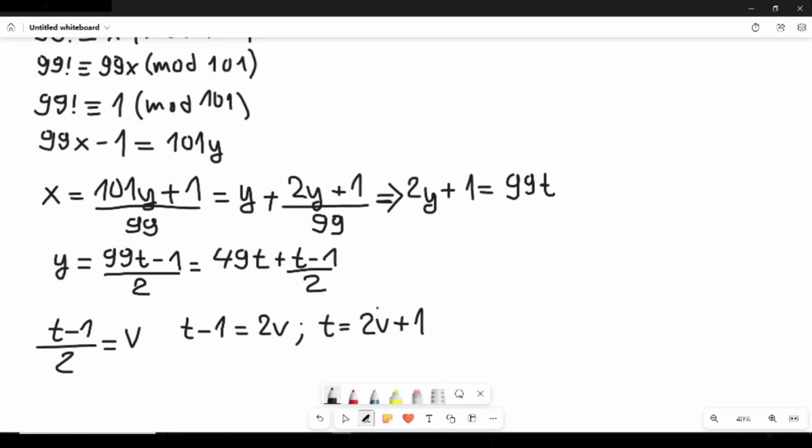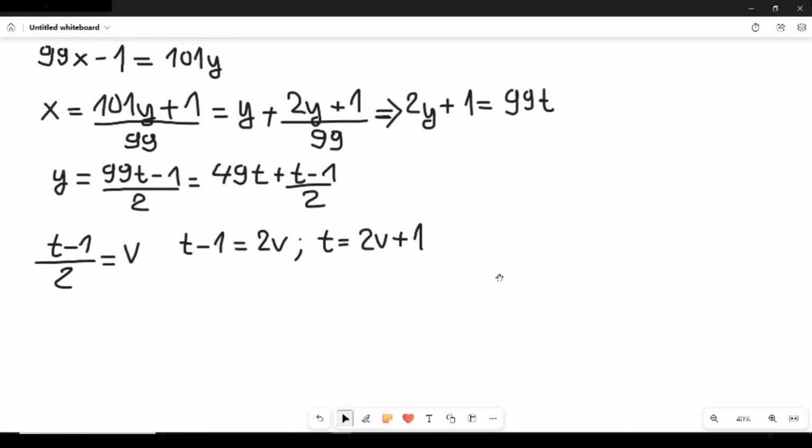And this is a good thing to know, because now we don't have fractions, and we can simply rewrite the statements above to show how this works. When we have t, we can express the y, and when we know the y, we can express the x, and from that we can solve pretty much the equation.